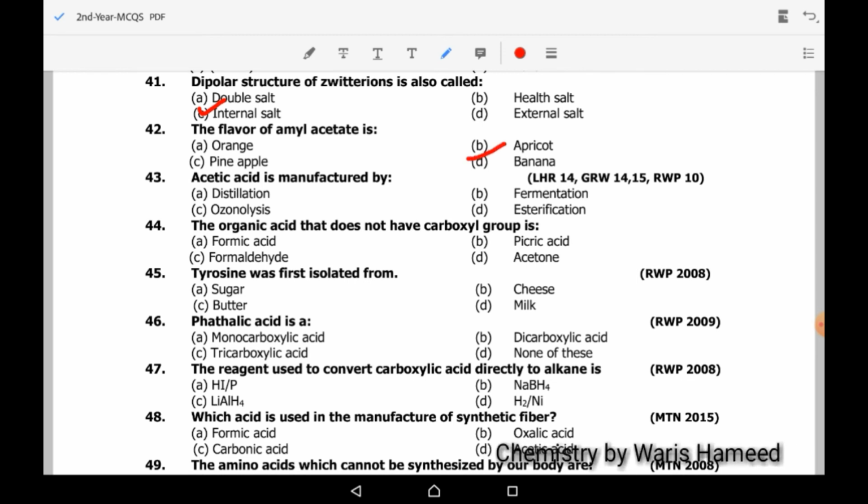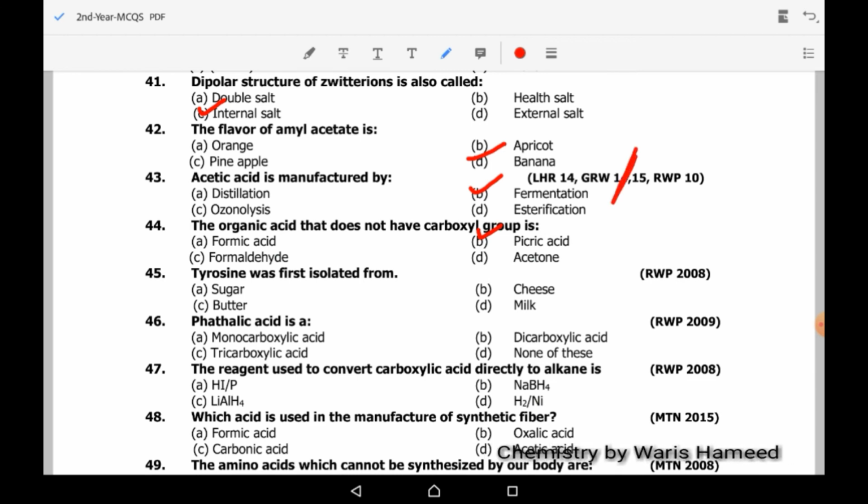Acetic acid is manufactured by fermentation process. Most important MCQs. 44 MCQs. The organic acid that does not have carboxylic group is picric acid, and it is actually 2, 4, and 6 trinitrophenol.